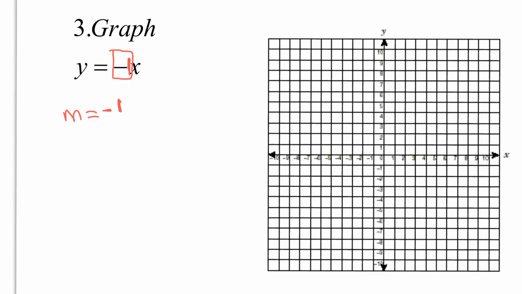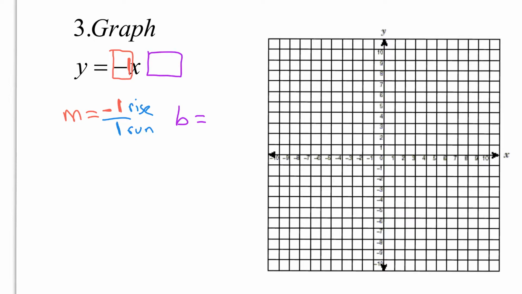Now, it has to be a fraction because I need the rise and I need the run. So that negative 1, to make it a fraction, just put a 1 under. And that's going to be your rise on the top and your run on the bottom. Any whole number that you have to make it a fraction, you just put a 1 under the number. Now for my y-intercept, notice that after the x is nothing.